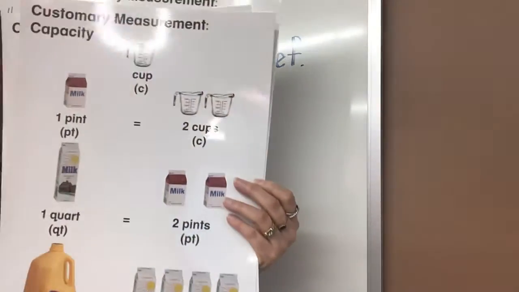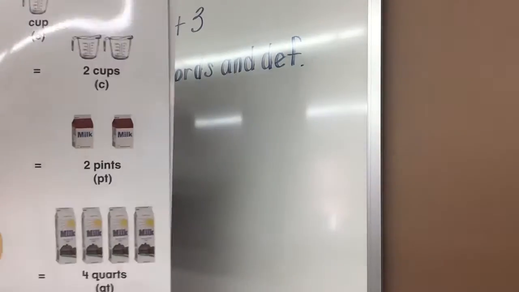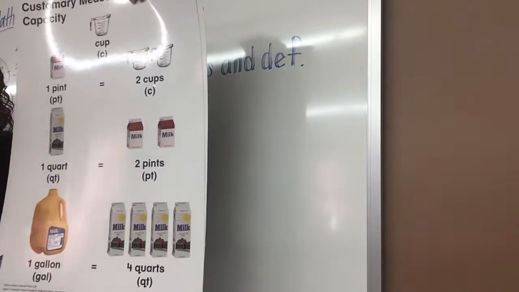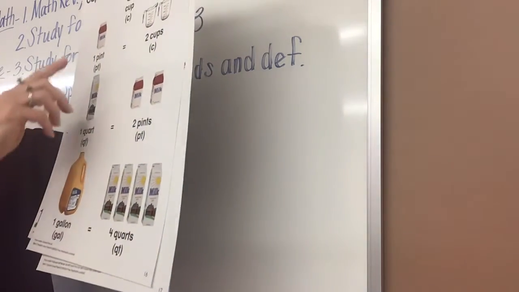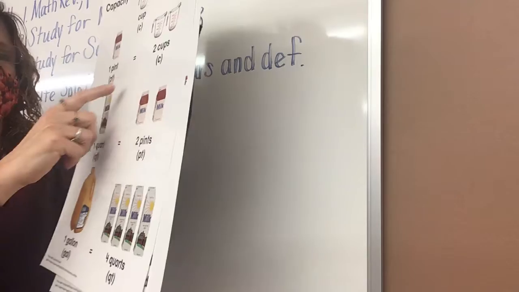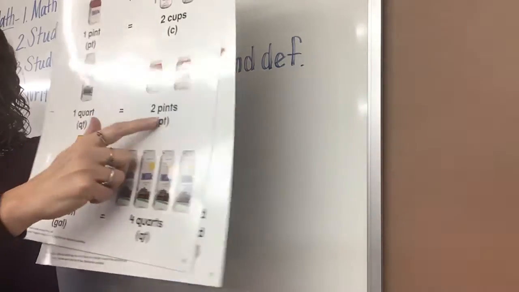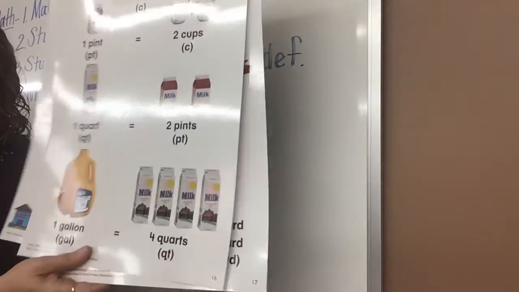All right, then we learned measurements of capacity on Friday, and that is how much a container can hold. And we learned that 1 cup equals 1 pint equals 2 cups. 1 quart equals 2 pints. 1 gallon equals 4 quarts.